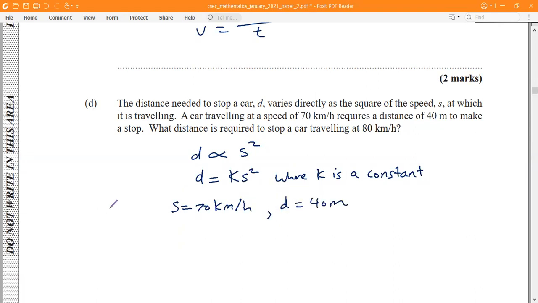So when s is equal to 70 kilometers per hour, d is equal to 40 meters. So we substitute these values. We're going to substitute d is equal to 40 into the equation because we want to find out the value of k. And s is equal to 70 squared. So we divide both sides by 70 squared.